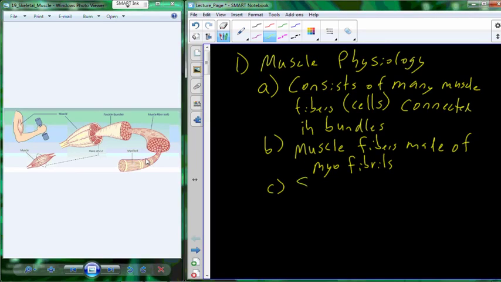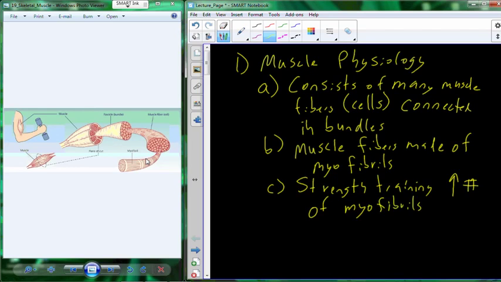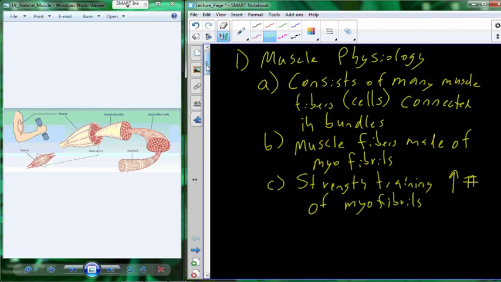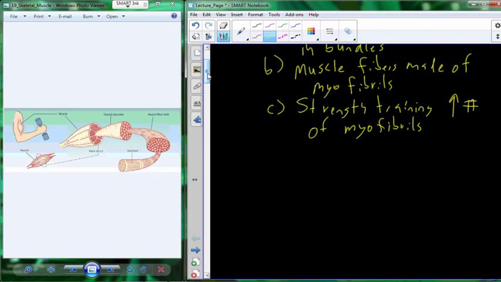Now, when we undergo strength training, we have an increase in the number of myofibrils. In other words, we add additional proteins to increase myofibril number, which results in an increase in the size of the muscle fibers, or the muscle cells themselves.